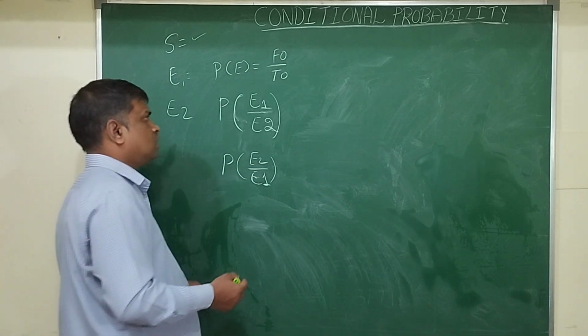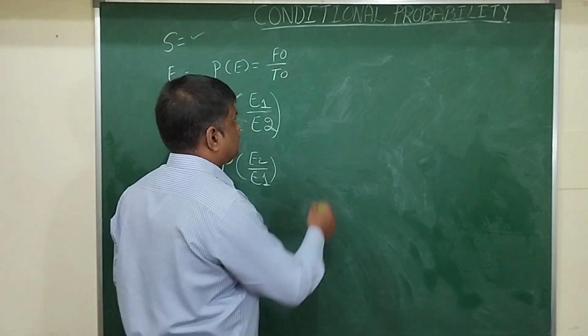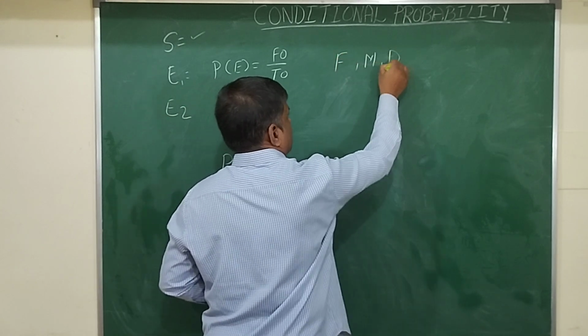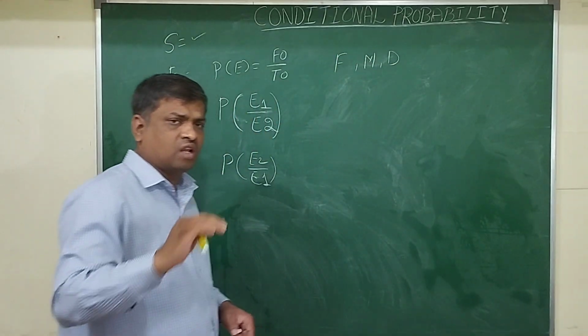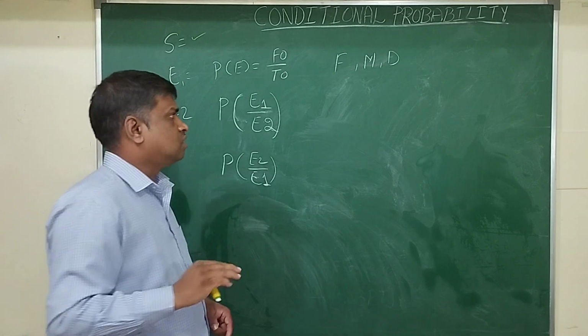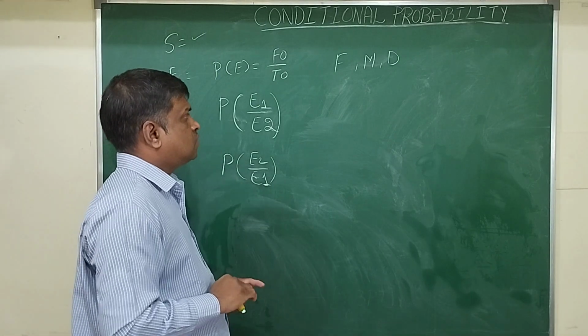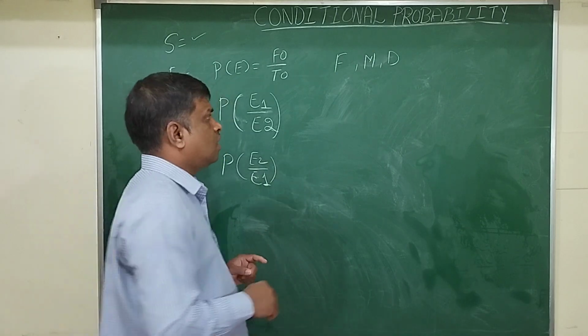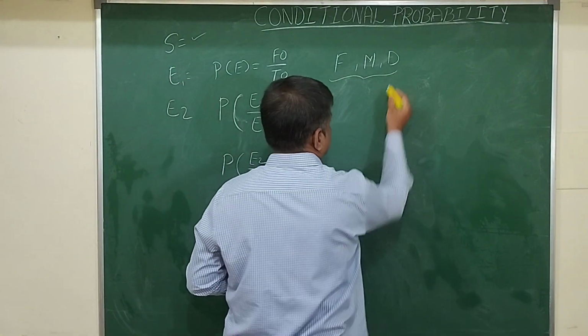For example, there is a question: father, mother, and daughter are standing in a line. They line up in such a way that father will be in the middle, daughter at the end. How will they stand?